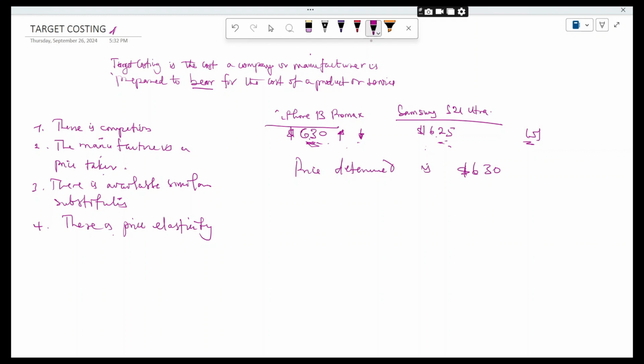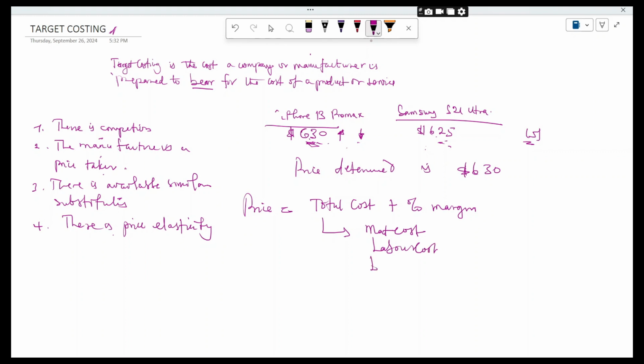Now the company will ask itself, what is our profit margin? Remember, for any product, the price is going to be your total cost plus your percentage margin, right? Then when you take this total cost, you are going to have material cost, you are going to have labor costs, okay?